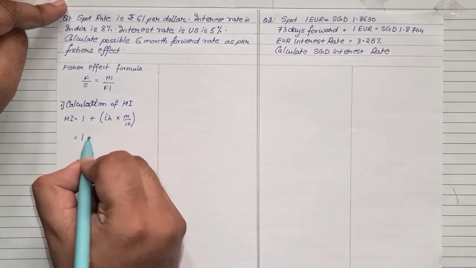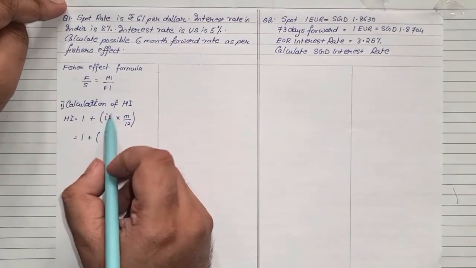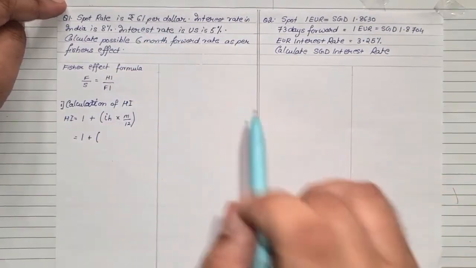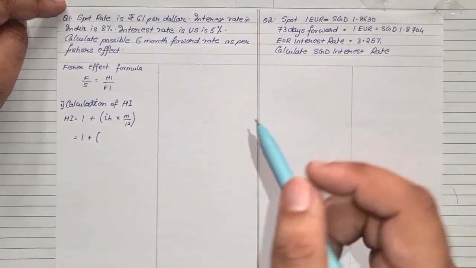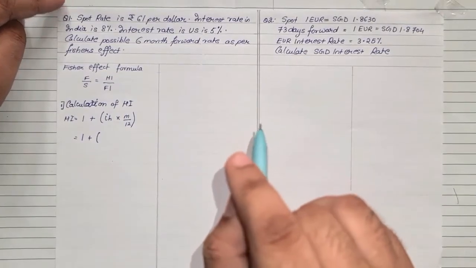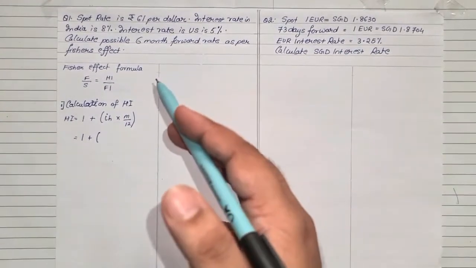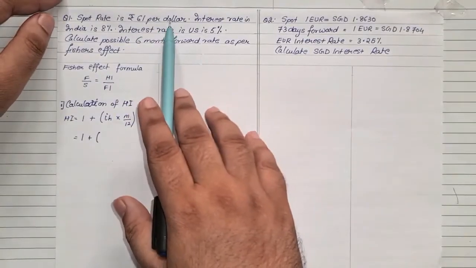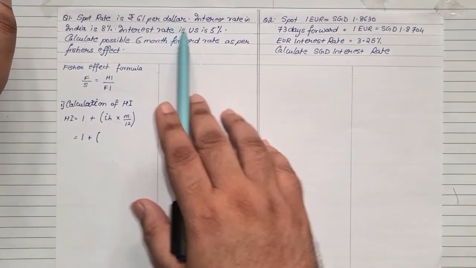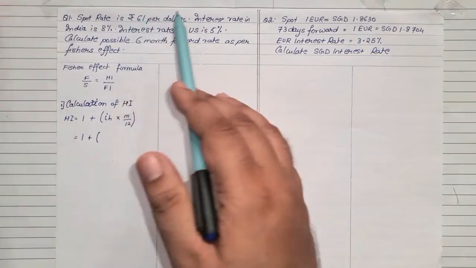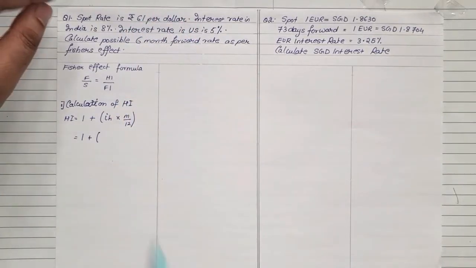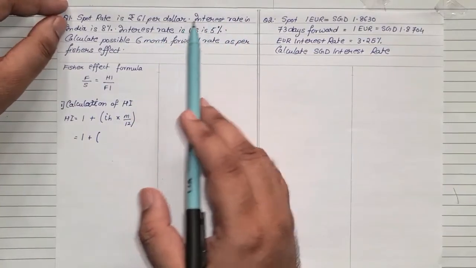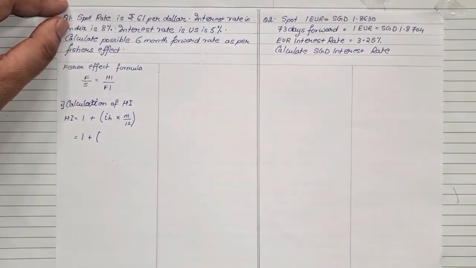Now $1 is 61 rupees. Remember, any currency which is 1 is always the foreign currency, and the other currency, given as an amount, will be your home currency. Rupees is the home currency, so the interest rate of India is 8%, which is 0.08.